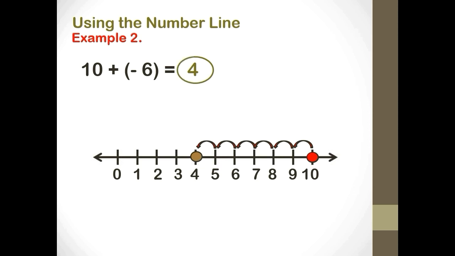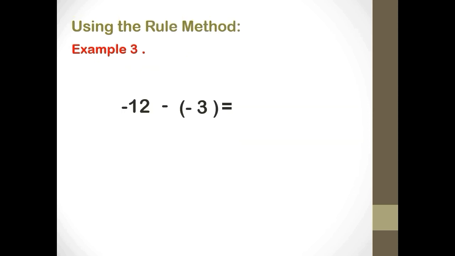Now let us have our last example. So we have negative 12 minus negative 3. Let us solve first using the rule method. Following the rules of subtraction. So first, we change the sign of the subtrahend. Next, we change the operation to addition.